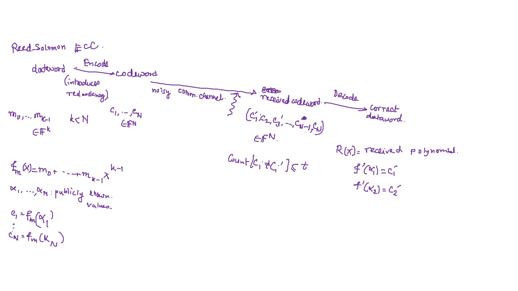Okay. So let me denote the code word with this notation, and they differ at most t positions. This is the received polynomial, and you also denote with Ex the error polynomial.